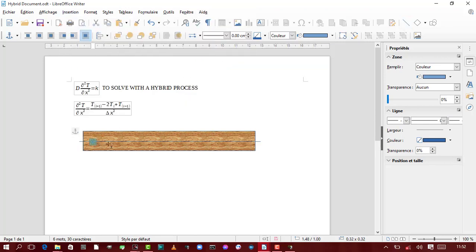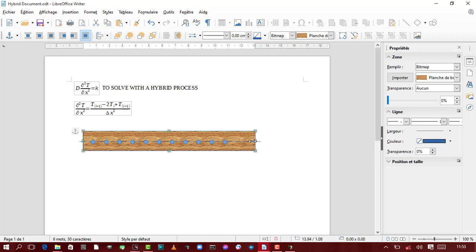Okay, so copy and paste 1, then paste 2, then paste 3, 4, 5, 6, 7, 8, 9, and 10.